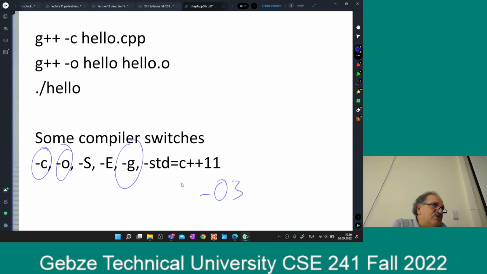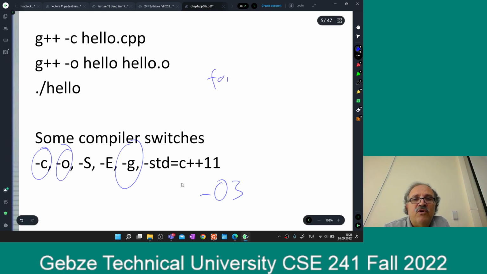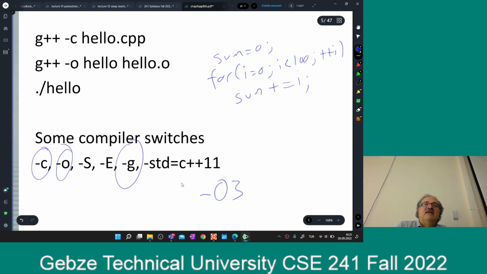When the compiler optimizes your code, for example, if you have some code: for i is 0, i less than 100, i plus plus, sum gets incremented by i.